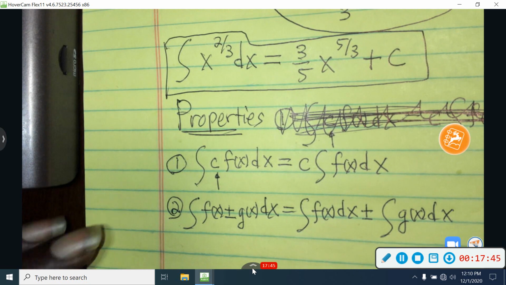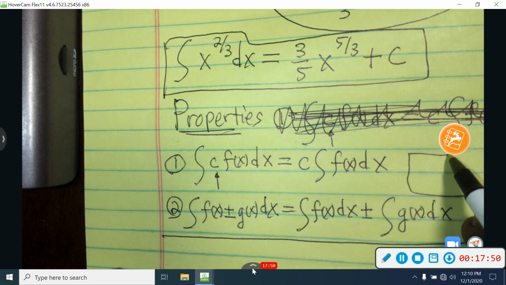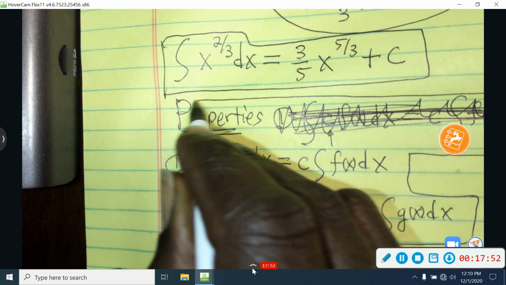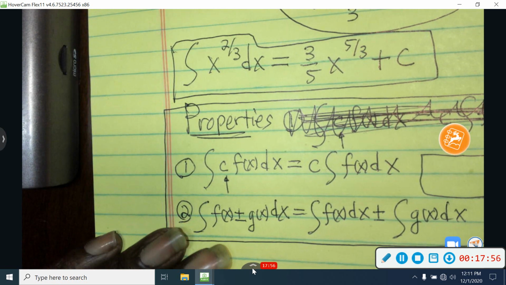So using these properties, we can take the indefinite integral of a lot of other things now that look a little more complicated. Ready?